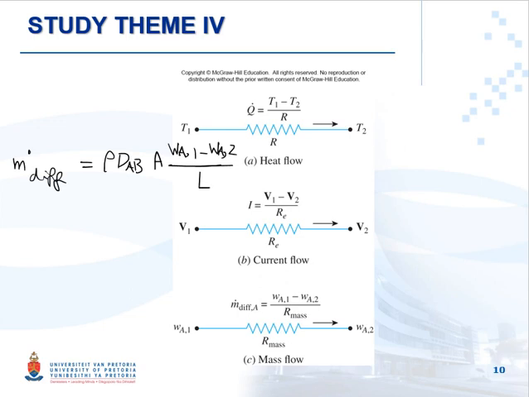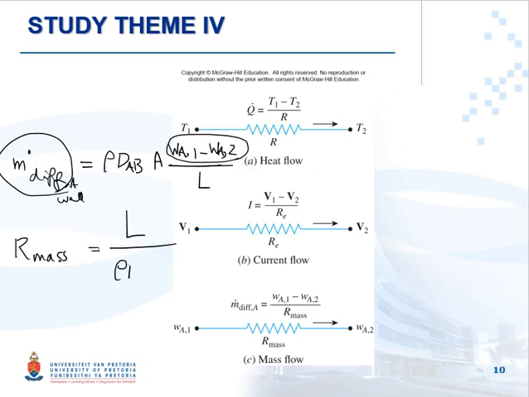So if we compare that one with this one, this looks the same, this looks the same. I through the wall. So basically R, or diffusion resistance, mass, is equal to L divided by rho dAB A. Okay, and we call it diffusion resistance.